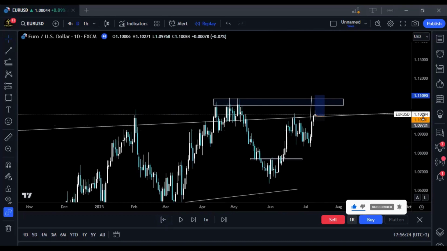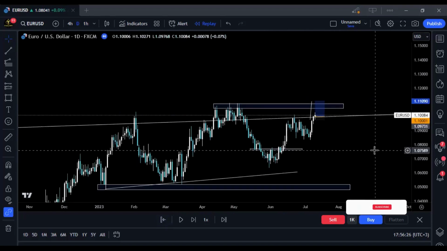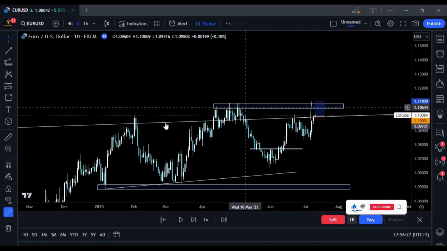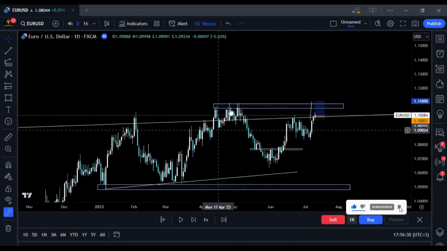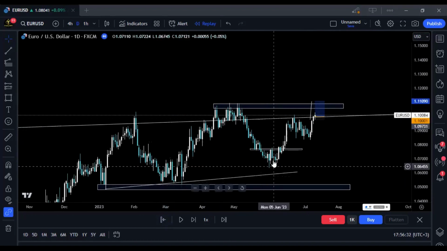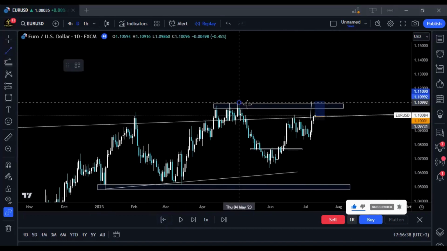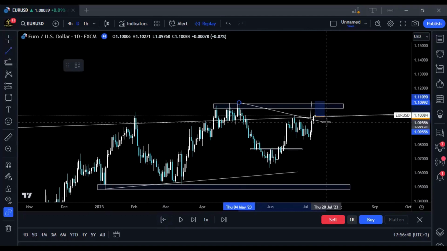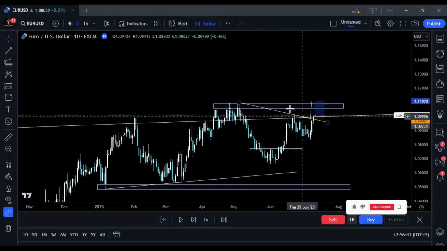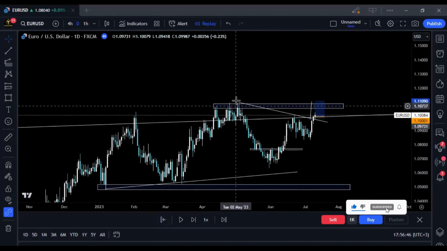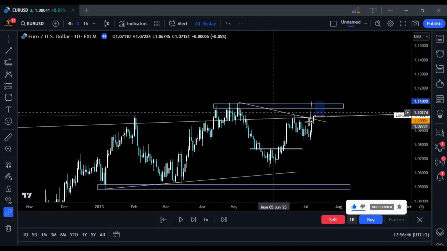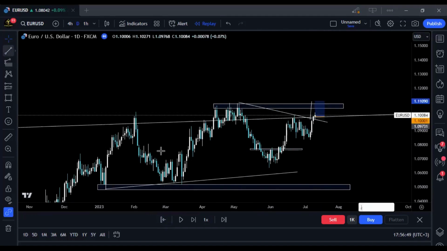But we should have also considered this daily trend. We had a low, we had a high, we had a higher low, we had a lower high. See that? Prices actually broke above this kind of trend. We had this high, we had this low, and then prices broke above that trend.